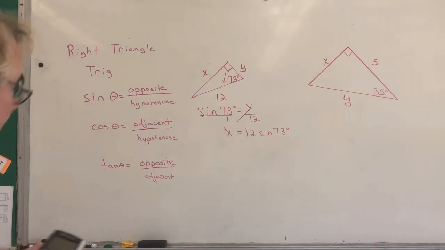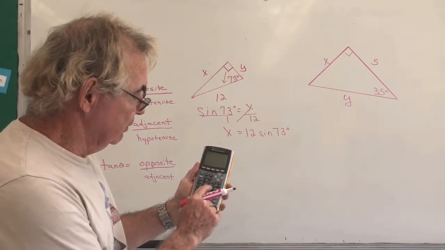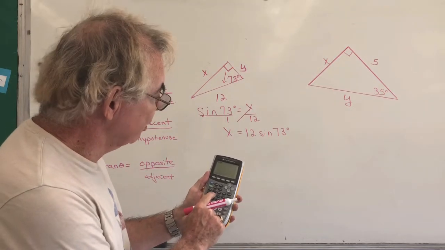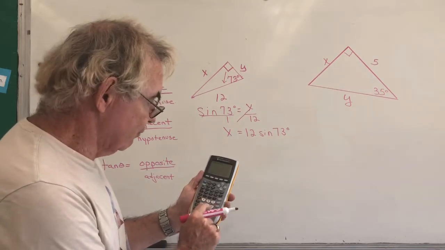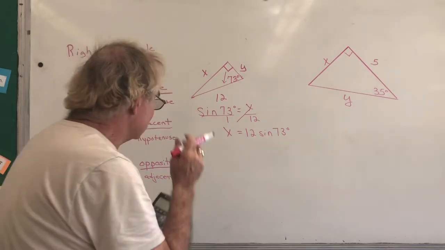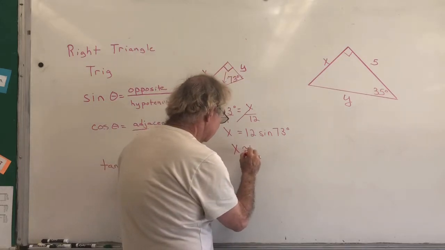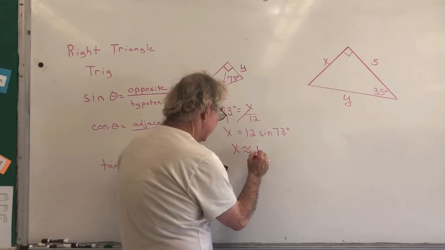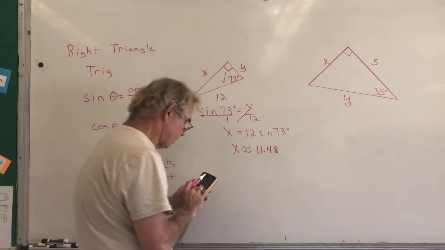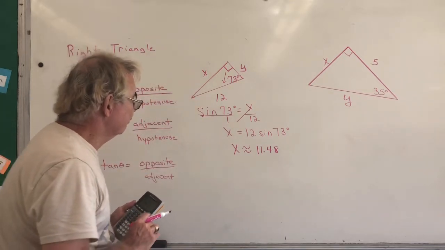So we would type in 12, the sine function, which is right next to the x to the minus 1, of 73 degrees. And you should have approximately 11.48. So that should be your first answer for x.